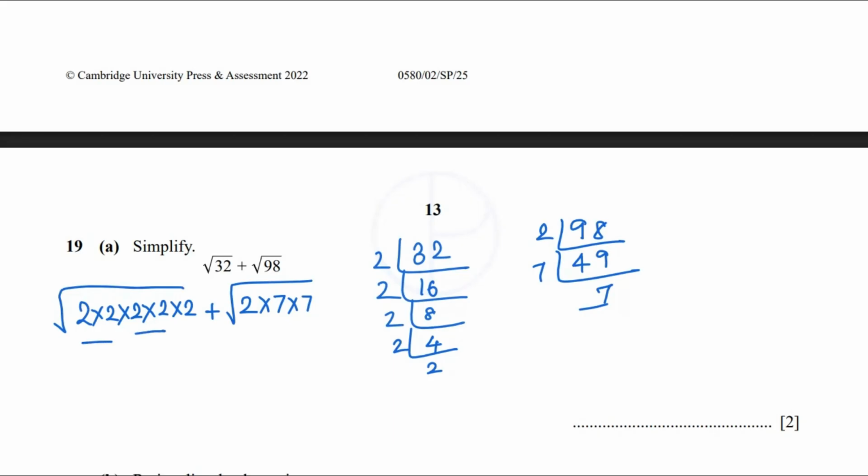So combine like this. We can take out this 2 times 2, which is 4. So 4 square root of 2 plus here this can be written as 7 square root of 2. Now add both the things, so we get 11 square root of 2.